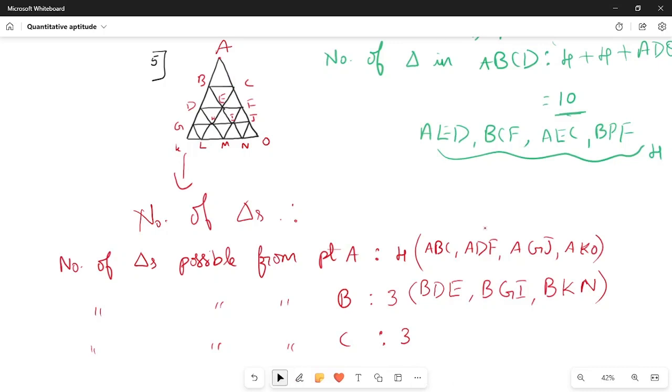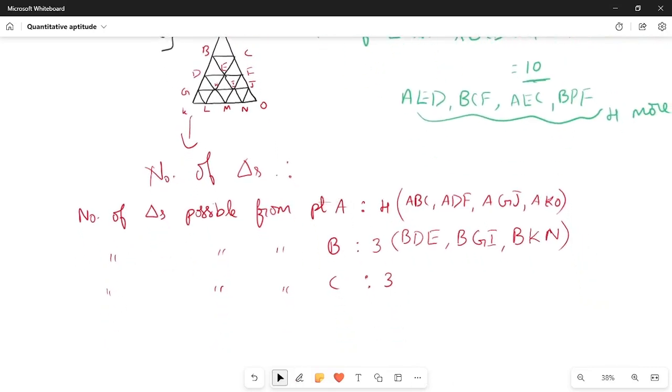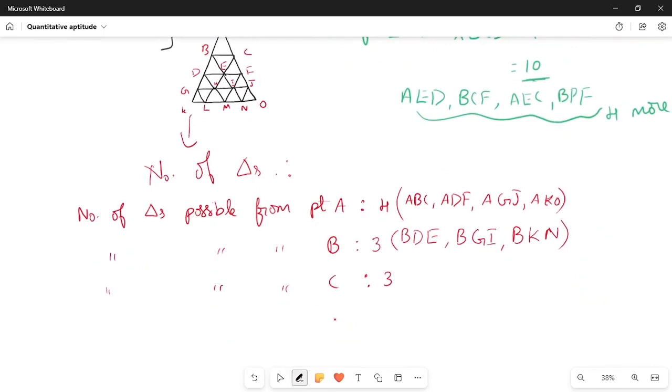Now we'll go for the next level, that is the number of triangles from the point D. These are direct triangles: DGH and then DKM. So 2 triangles.